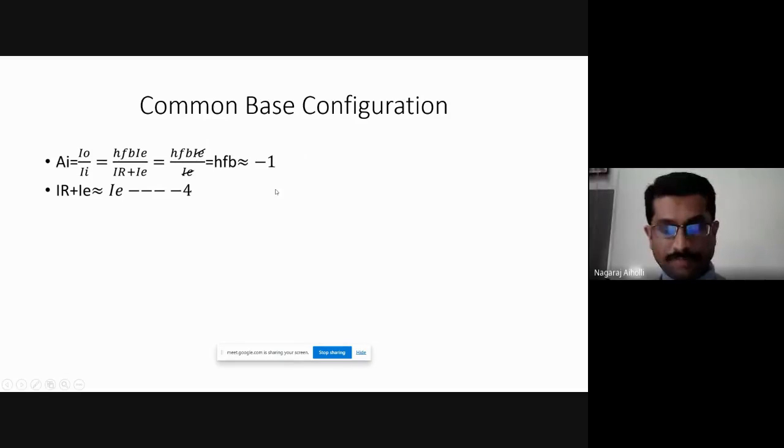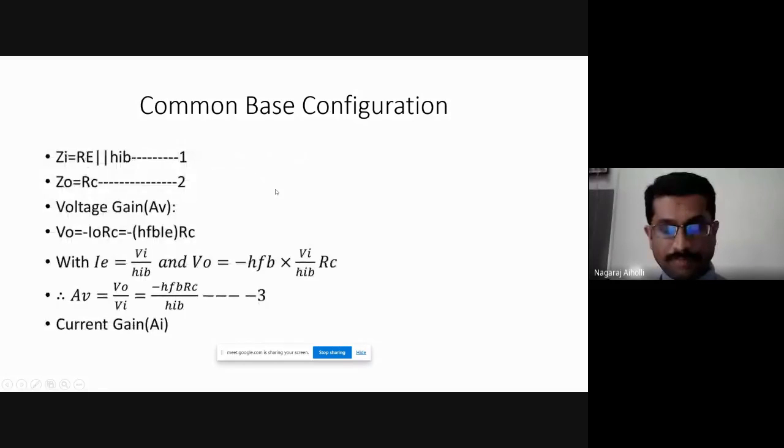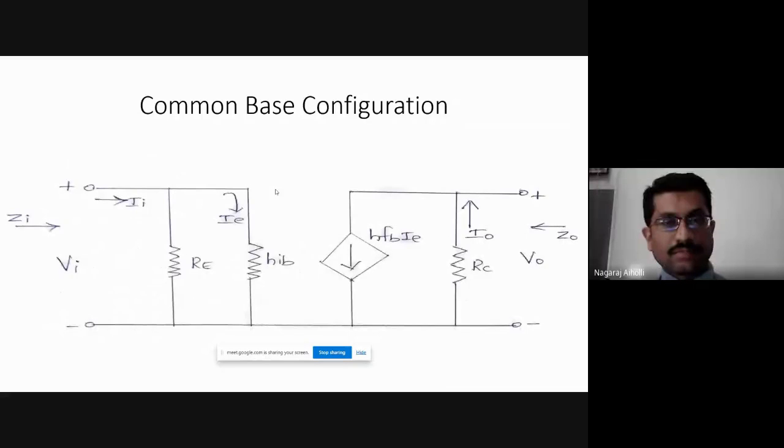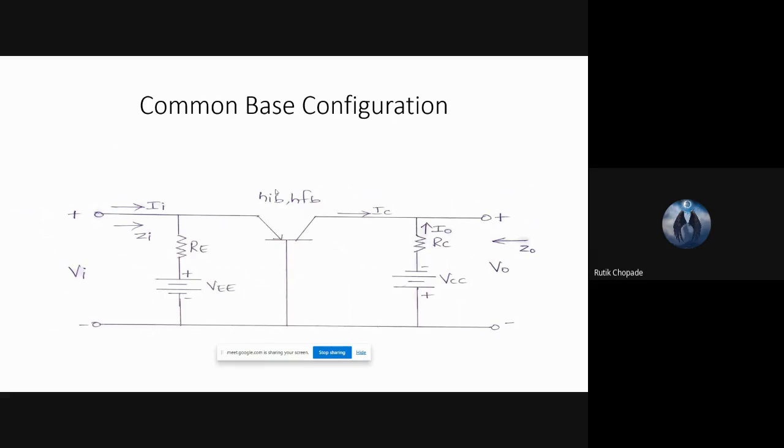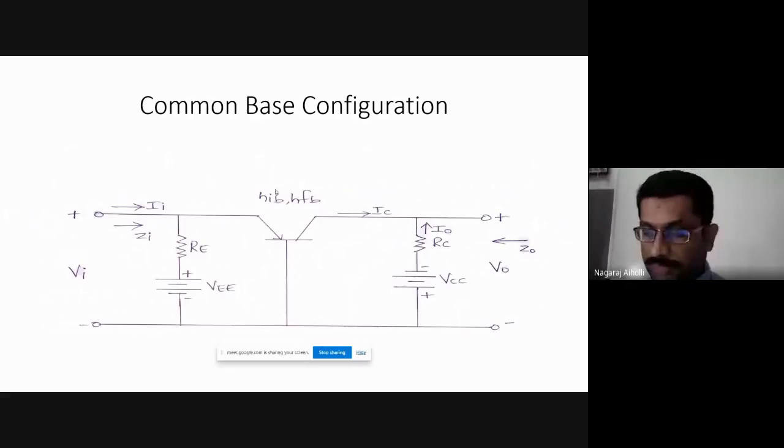Clear here, students? The performance parameters for the common base configuration, is it understood? Yes. Clear, everyone? What about others? Any doubts?